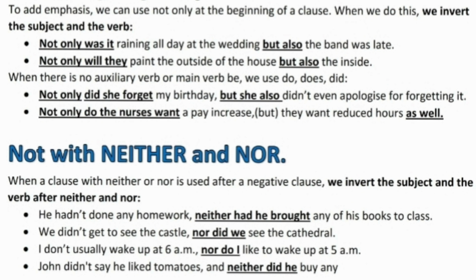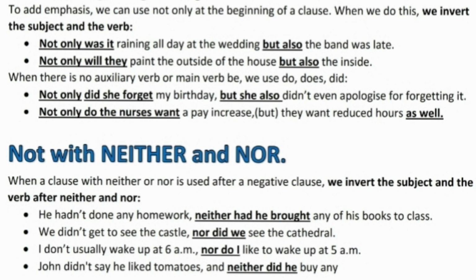Another example: we didn't get to see the castle, nor did we see the cathedral. Another example: I don't usually wake up at 6 a.m., nor do I like to wake up at 5 a.m. Another: John didn't say he liked tomatoes, and neither did he buy any.